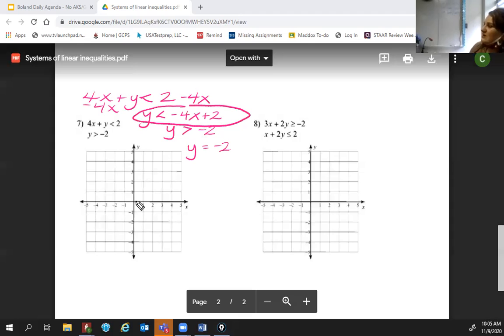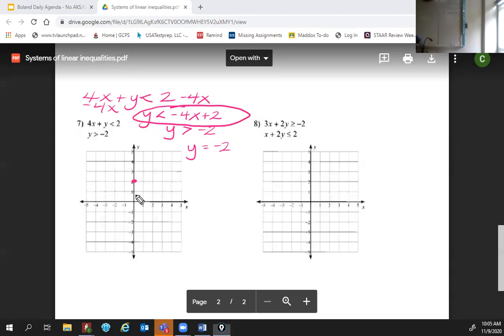Where would we start? The positive 2. Good. Where would we go? We would count down how many? 4. Okay, so let's count. 1. And sometimes I make, see how big my dot is?